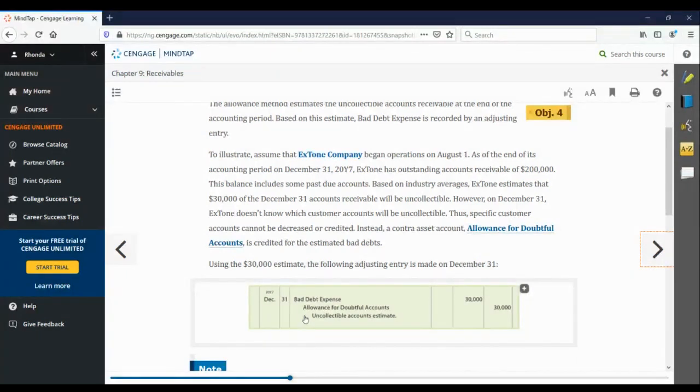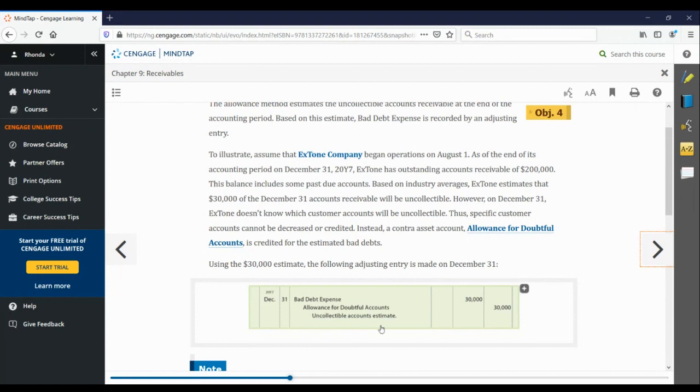This is another adjusting entry that we would keep track of if we had a large amount of accounts that we expect are going to be uncollectible in the future. We would use the allowance method in that case, and when we use the allowance method, we have to create an adjusting entry for the estimate of the uncollectible accounts.